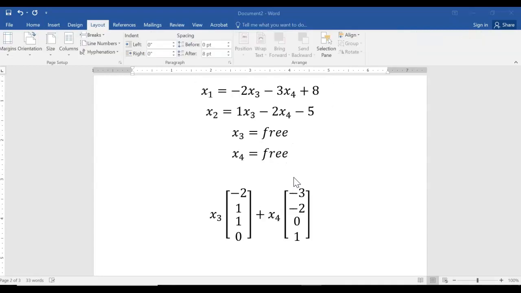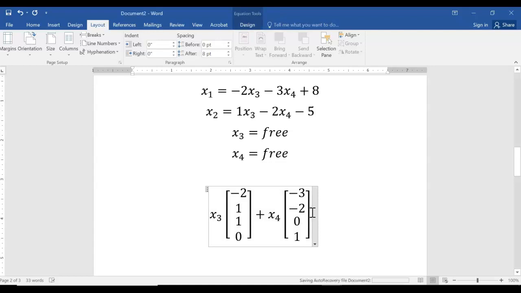So this was our general form solution to the non-homogeneous equations. We had a couple of free variables, and then we had some constants. When we did the homogeneous equations, we had those exact same free variables, but we had no constants, so we could kind of leave this blank, any constant vector.